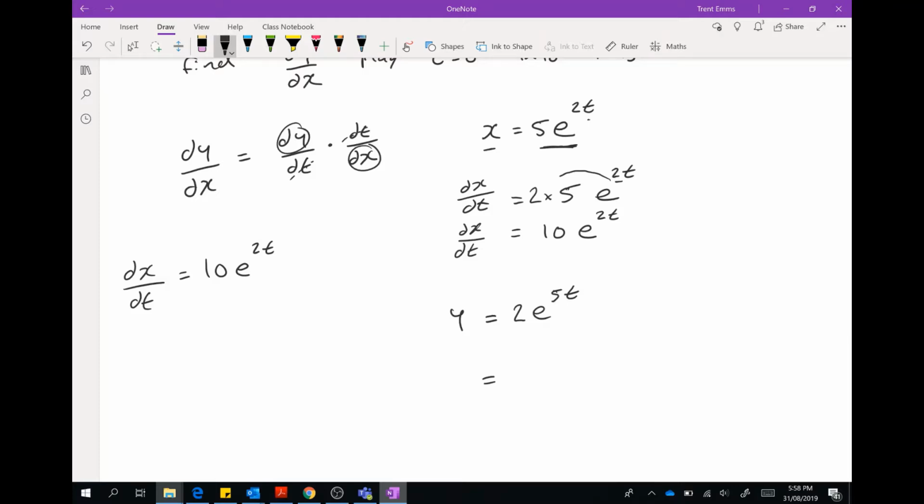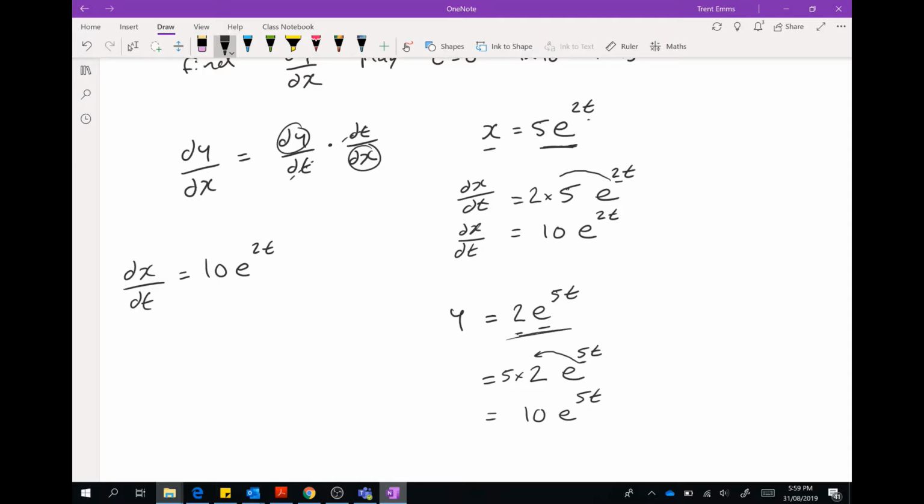Again, if you wanted to do the u substitution to get dy by dt, you'd make u equal to 5t. The short way of going about it is 2 is a constant, so it'd stay at the front. Exponentials differentiate to themselves, so e to the 5t, and then we times the derivative to the front, so derivative of 5t is 5, so I'm going to times the 5 here, and I'll get 5 2's are 10 e to the 5t.